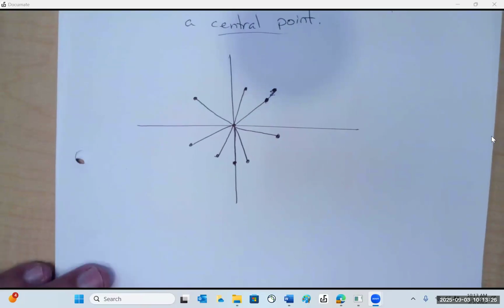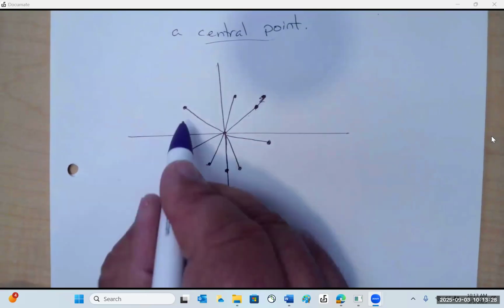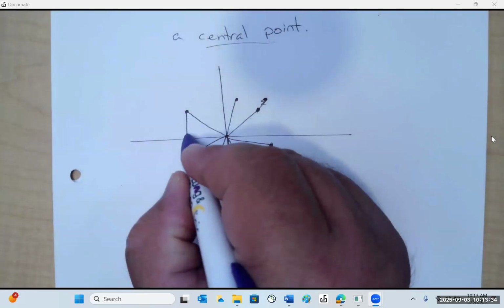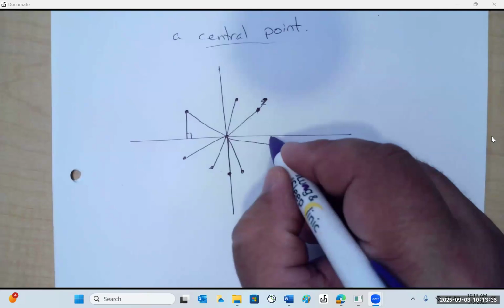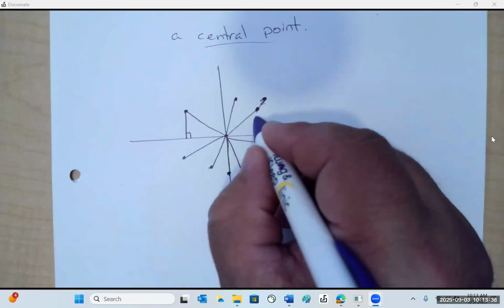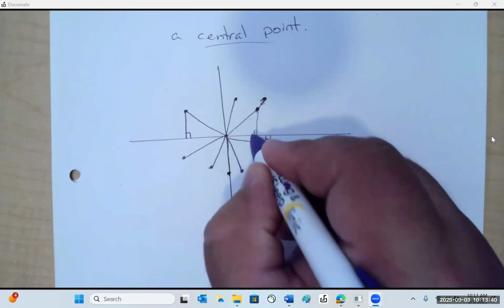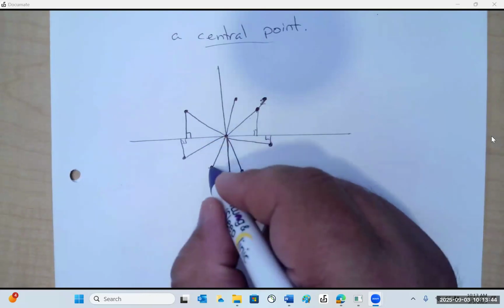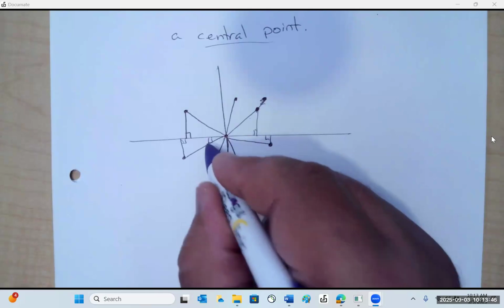But now we need to have an equation. Each one of these lines I just created creates a right triangle.